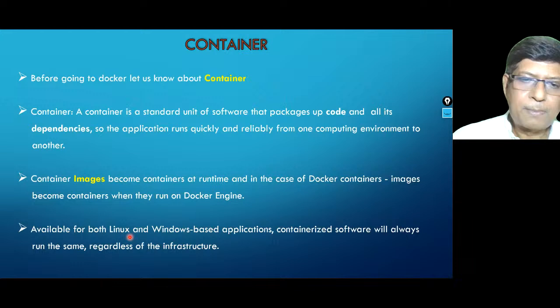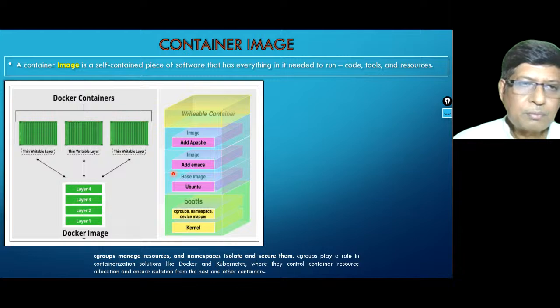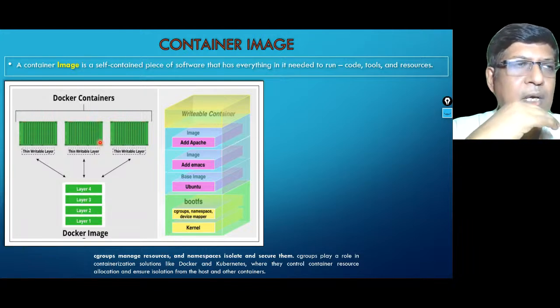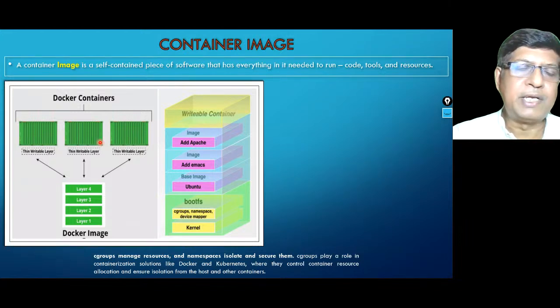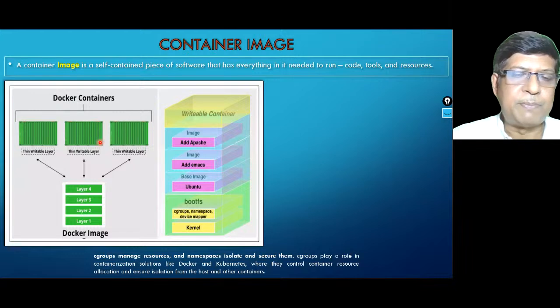This is a fantastic image to understand the container. You see these thin writable layers. The containers are like the ship. You have seen a cargo ship carrying a lot of containers, and within the container you have your items that will be shipped from one port to the other, from one country to the other.